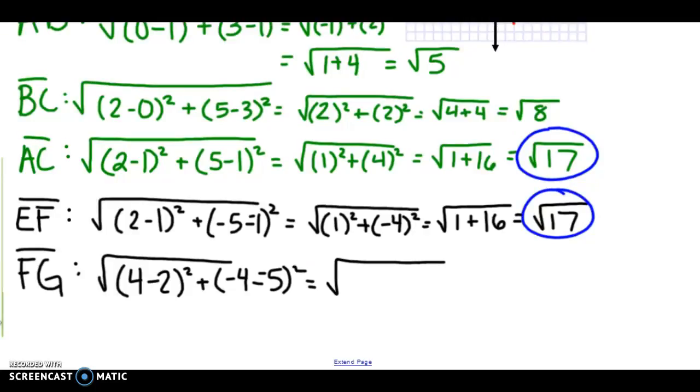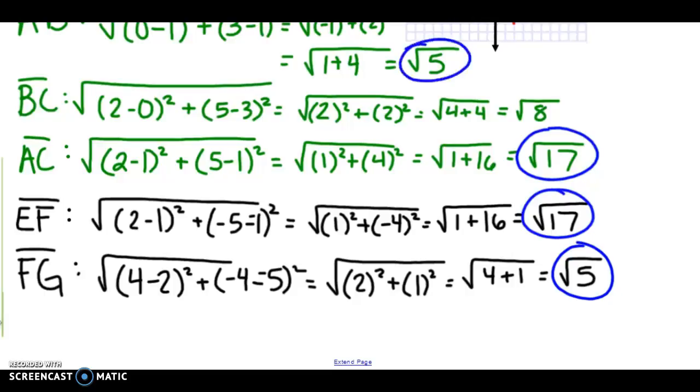Well, 4 minus 2 is 2 squared, and then negative 4 minus a negative is like adding, so negative 4 plus 5 would be 1 squared. Okay, so that's 4 plus 1, which is the square root of 5. Hey, check it out. We had square root of 5 and square root of 5.